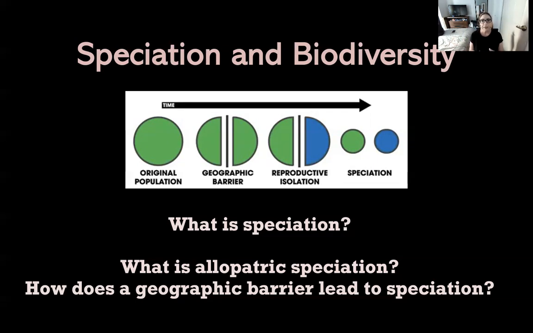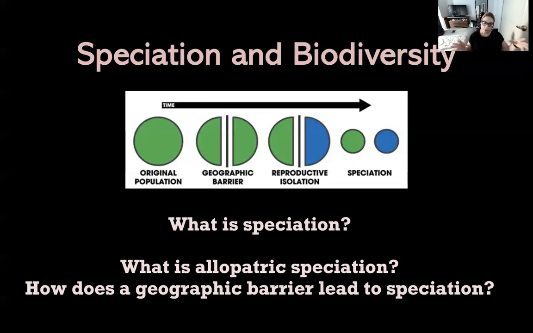Originally there was a salamander that was the ancestor of these other two. So you have your original population of the salamander. Then for some reason, a geographic barrier forms. Geographic means like what? Like mountains, things like that. And that is exactly what I'm talking about.